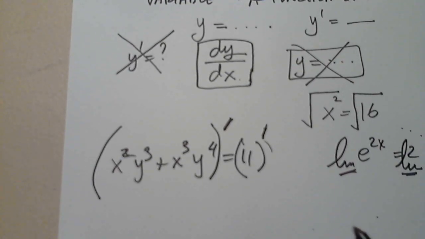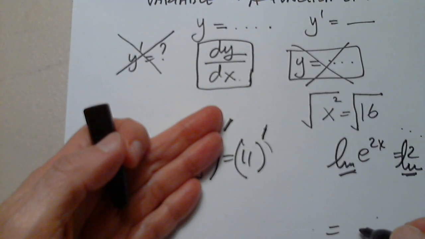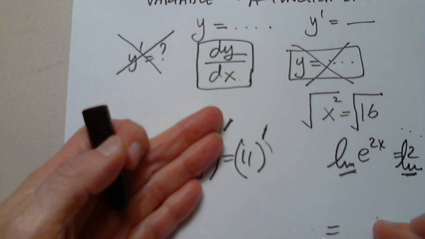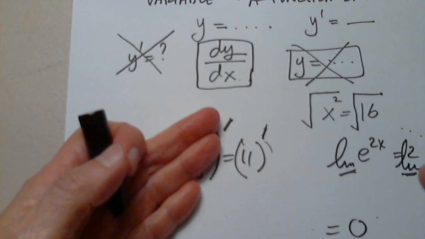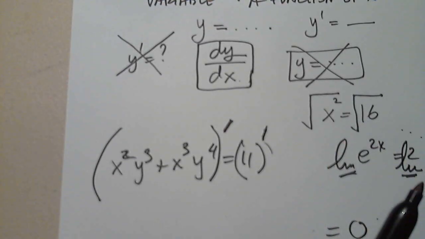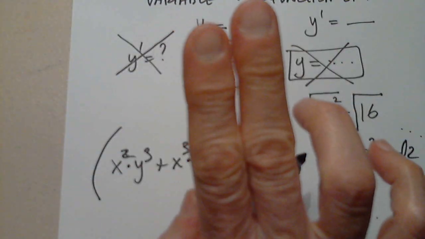Okay, can anyone give us the right-hand side? When I differentiate the right-hand side, what do I get? 0. Exactly. So now, careful, because here I have to apply the product rule twice.